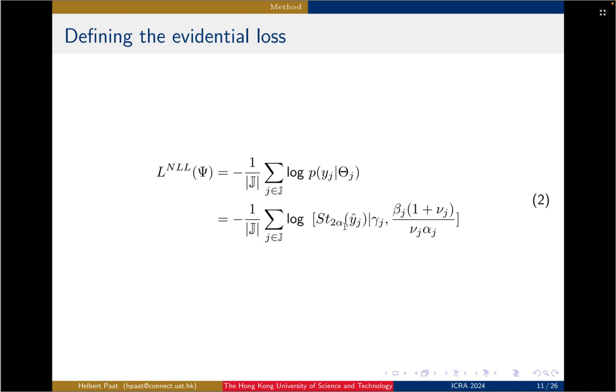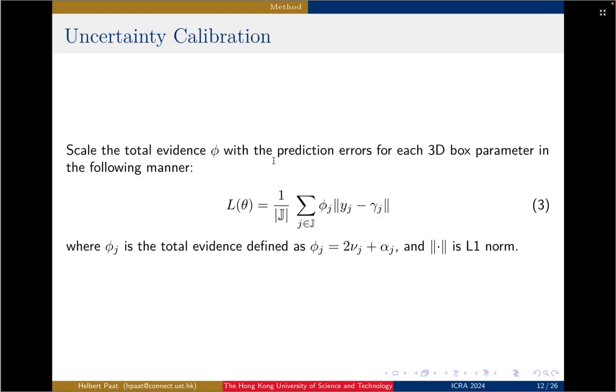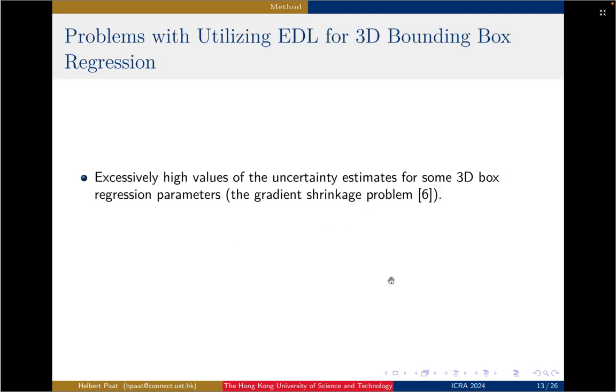with the following parameters. And the uncertainty calibration's aim is to introduce regularization terms that reduce the impact of evidence where the predictions are incorrect while preserving the evidence when the predictions closely match the ground truth. However, there are several concerns experimentally with directly applying EDL for 3D bounding box regression.